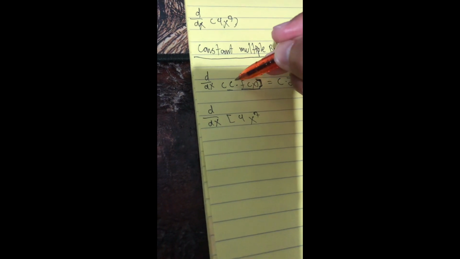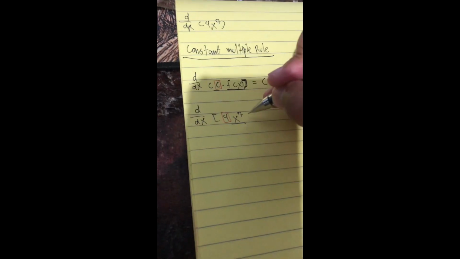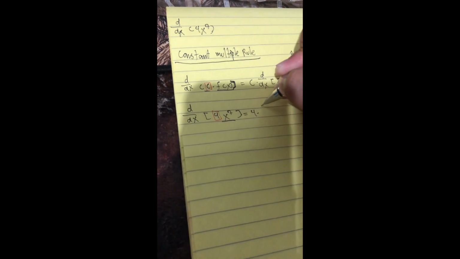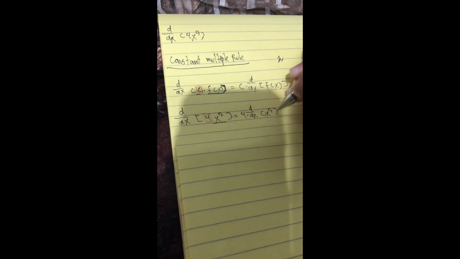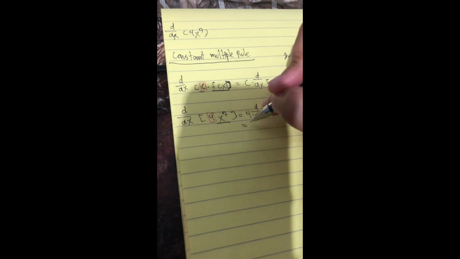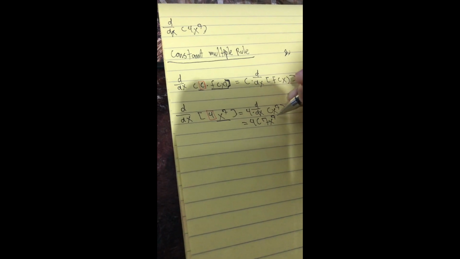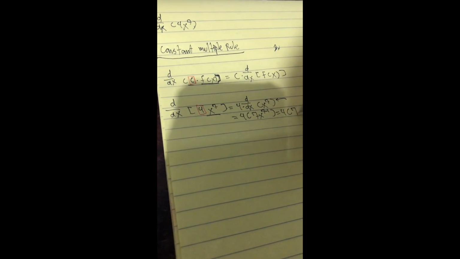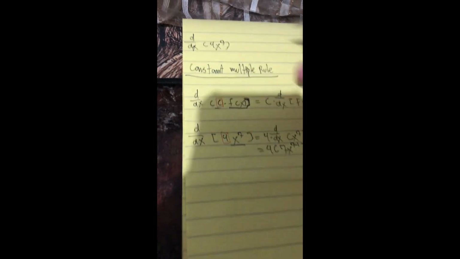So we will solve it by 4 times the derivative of x to the power of 7, which is 4 times 7x raised to 7 minus 1, which is 4 times 7x to the 6th. We multiply 4 times 7, which is 28.